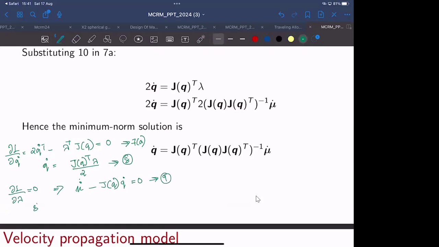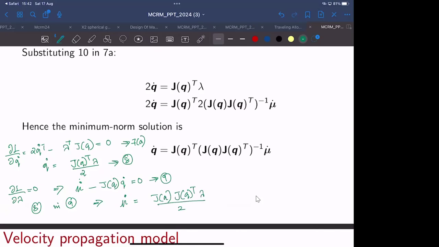And if I substitute equation 8 in equation 9, what will I get? This will now become mu dot would be J of Q multiplied by J of Q transpose lambda by 2.